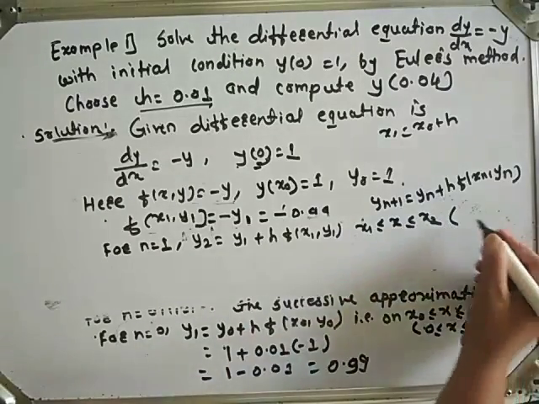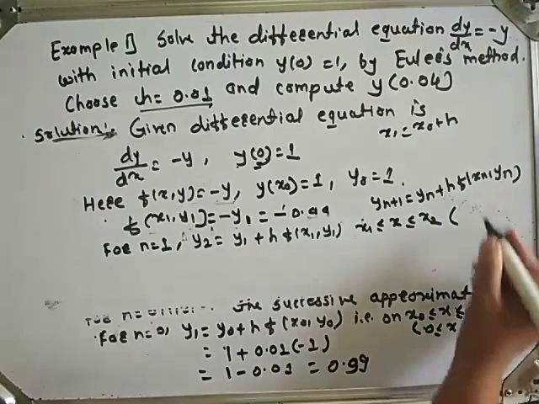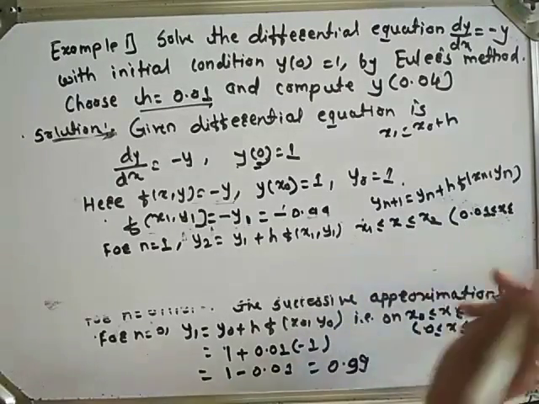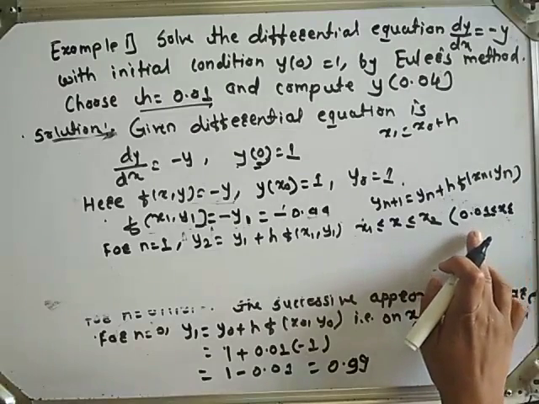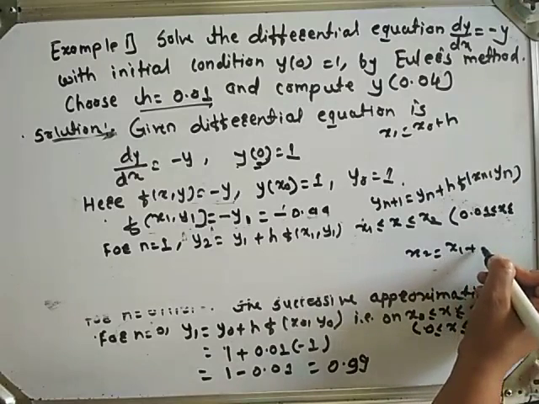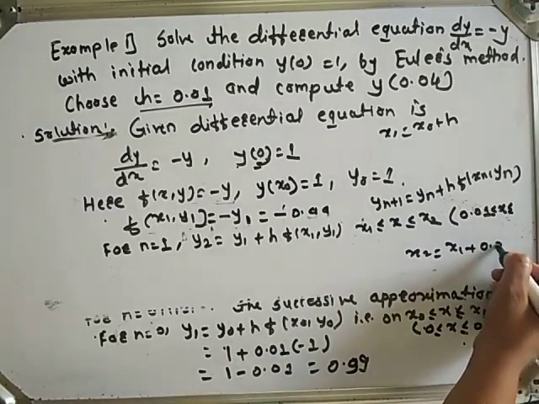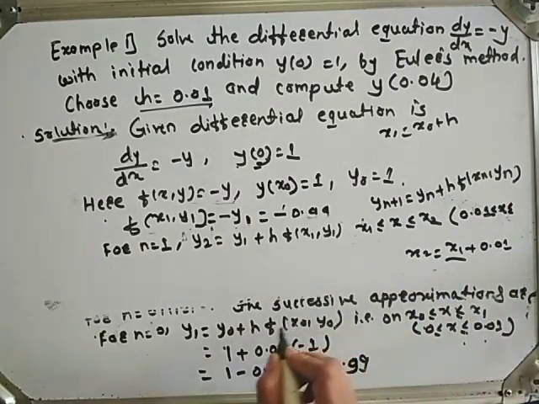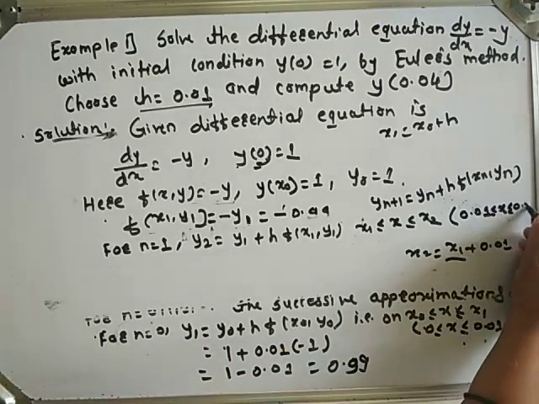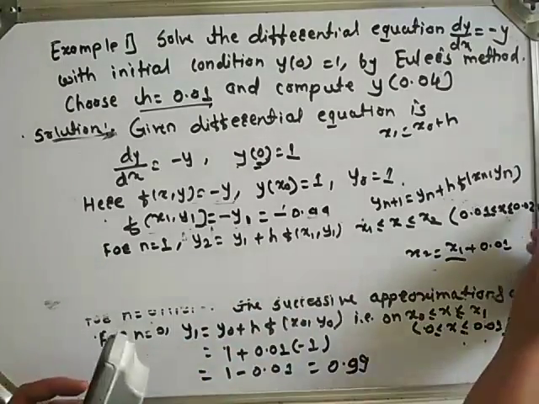Here x1 is 0.01, and x2 is nothing but x1 plus h, that is 0.01 plus 0.01, so this is 0.02.